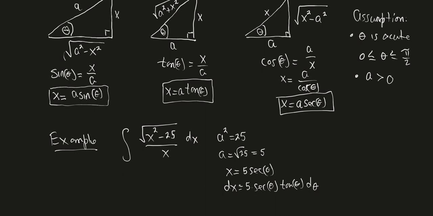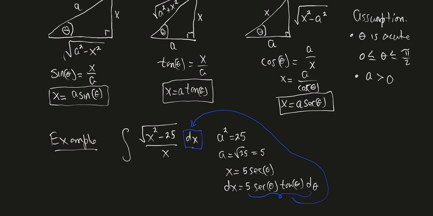At the start it's going to look really messy, but that's what we have to do because we can't ignore the differential. If you ignore the differential, this whole process falls apart.